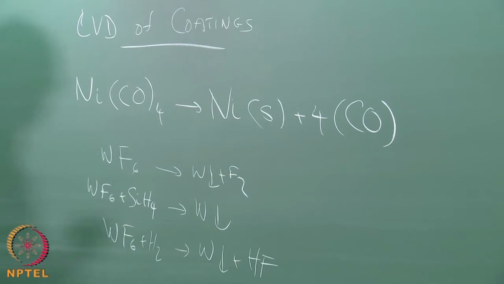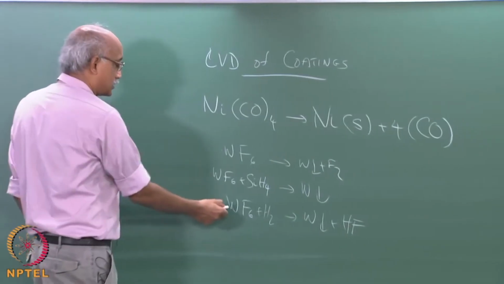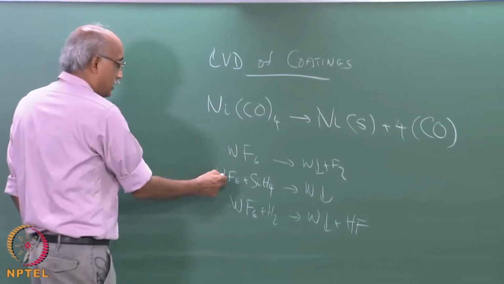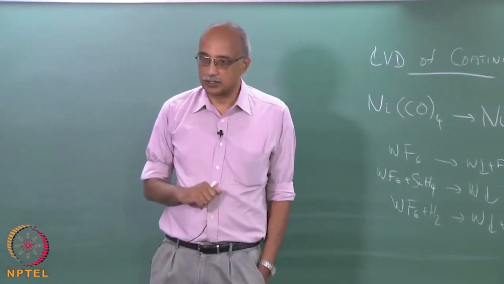Now, actually tungsten can be deposited therefore by all 3 types of reactions. This is a decomposition reaction, this is a reduction reaction, and this is essentially a substitution type of reaction.